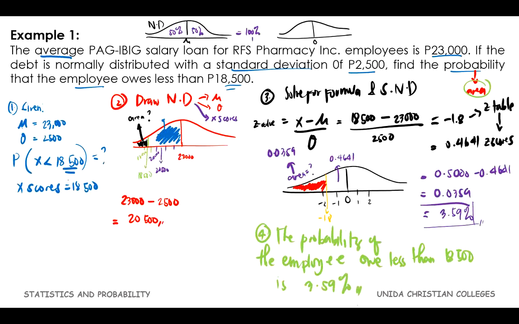Okay po, so ibig sabihin, kokonti lang yung porsyento o yung area na kung saan yung employee ng RFS Pharmacy, ang loan nila or yung utang nila is less than 18,500. Okay po?